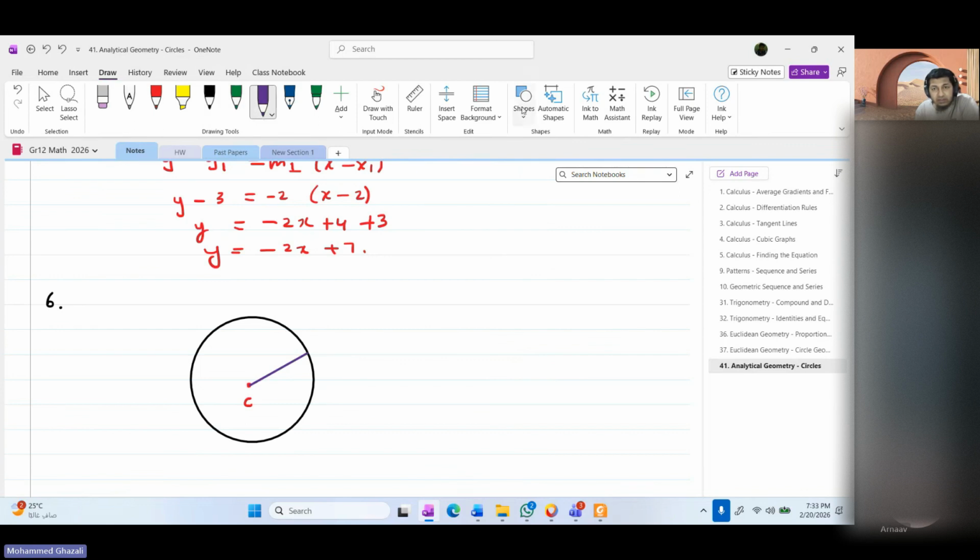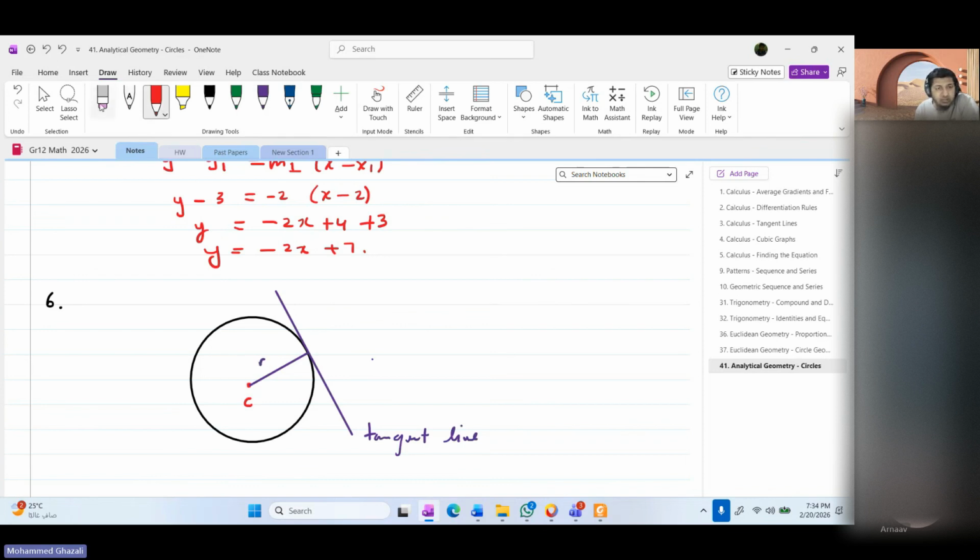Now you are required to find the equation of this tangent line here. This is a tangent line, that's your radius and that's the center.